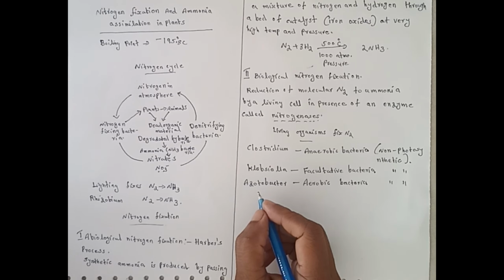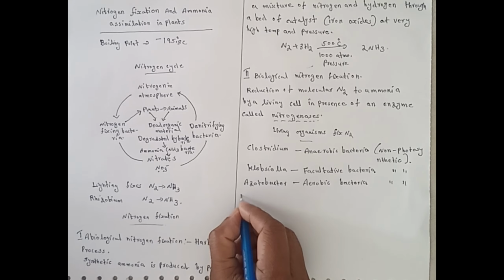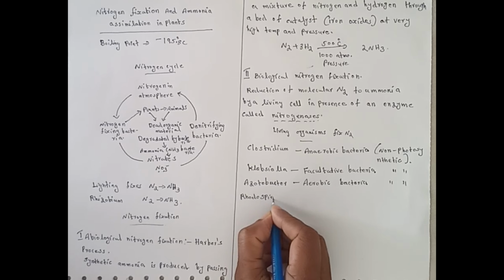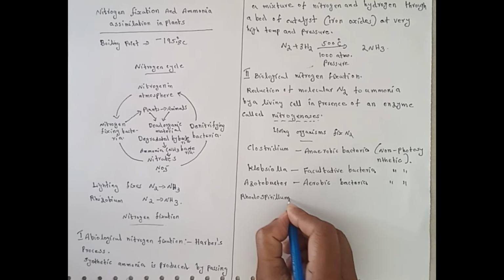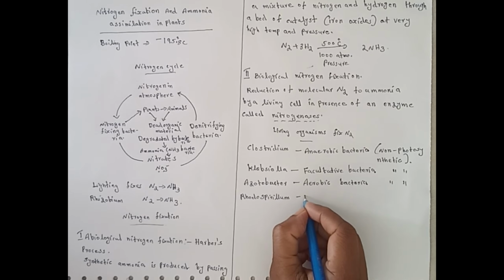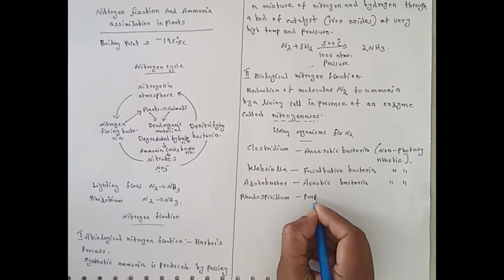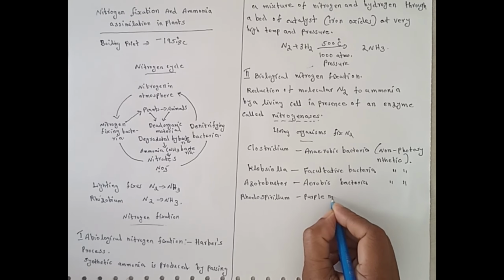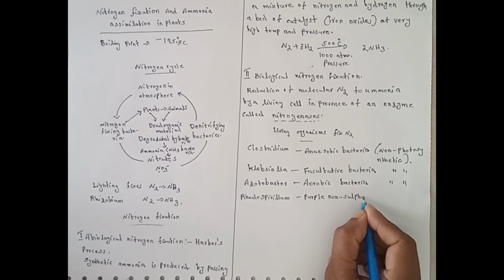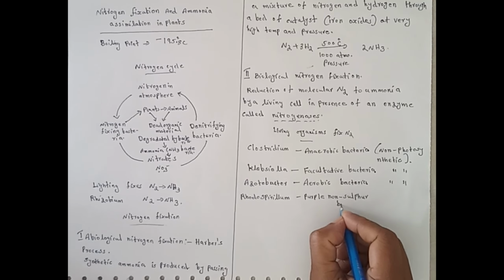Fourth, Rhodospirillum. Rhodospirillum is a purple non-sulfur bacteria.